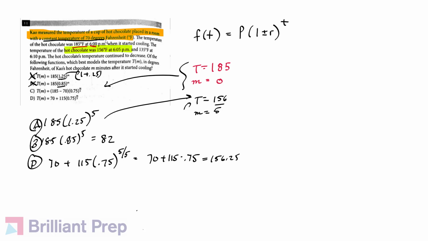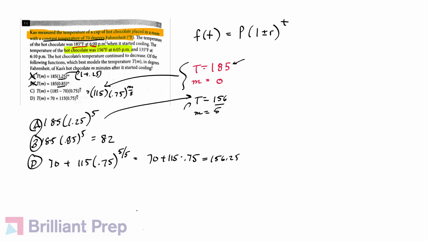C tries to be sneaky by throwing in this minus 70, so at least there looks like there's something that might take into account this minimum temperature. But if we just clean this up a little bit, if I just subtract 185 minus 70, we'll get this, and we'll realize this is really just the same thing as choice B, in the sense that, first off, this initial value is 115, which doesn't make sense.